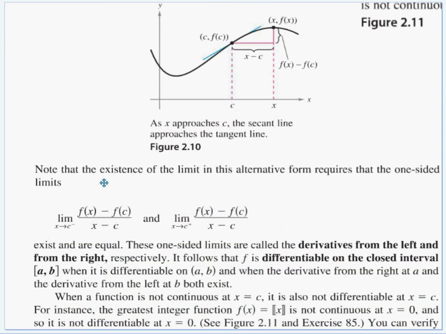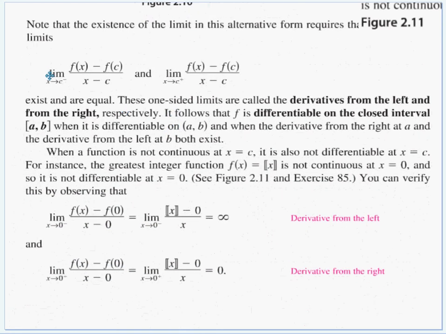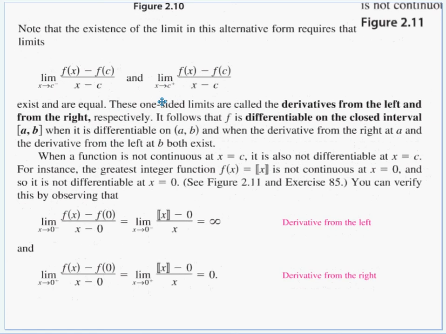Note that the existence of a limit in this alternate form would require that the one-sided limits also exist. Here we would be approaching c from the left. Here we would be approaching c from the right. These would have to exist and also be equal to each other. We can call these one-sided limits derivatives from the left and the right.